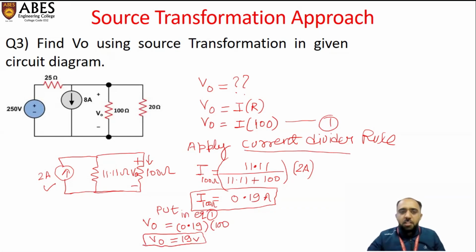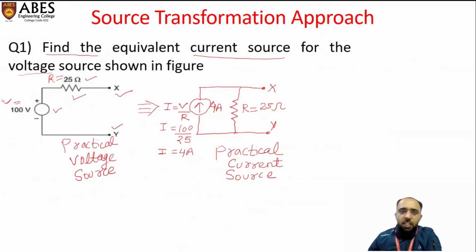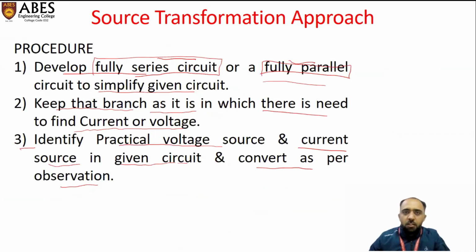So we discussed here how we can solve any circuit with the help of the source transformation approach. The basic funda, we need to know the procedure. We need to convert our circuit into fully series or fully parallel. This is the first concept. Keep the branch as it is, where we need to find the voltage or current, and identify the practical voltage source.